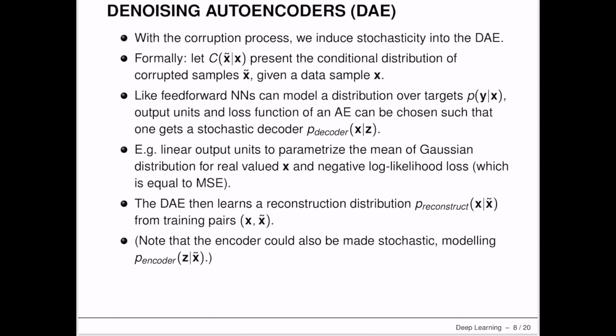The full autoencoder then learns the probabilistic reconstruction distribution that gives us a reconstruction of our input x based on a corrupted version of the input. And for training, we just need these pairs of input points and corrupted versions of the input point.